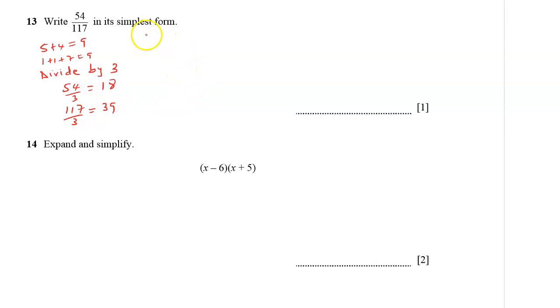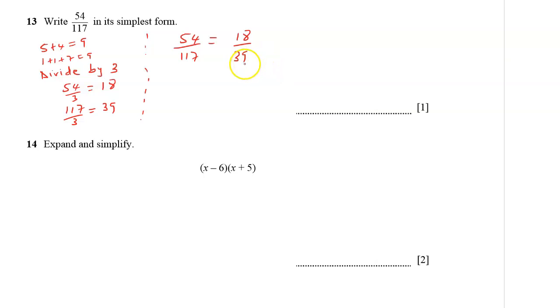You can confirm that if you are in doubt, and therefore 54 over 117 in its simplest form will be 18 over 39. We cannot simplify 39 any further.